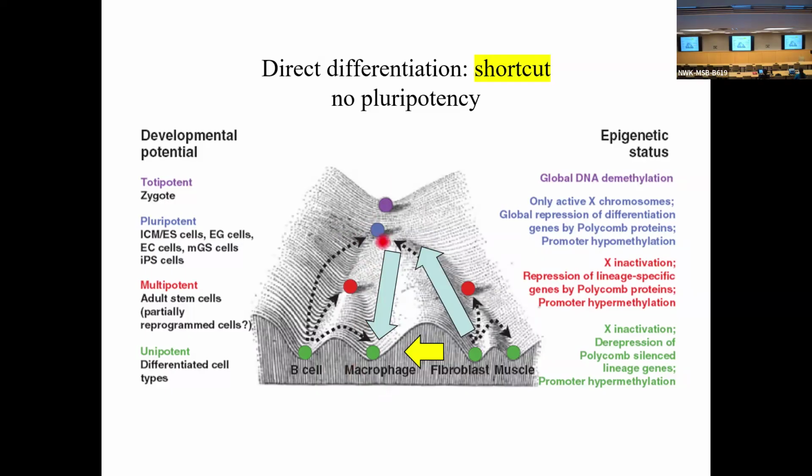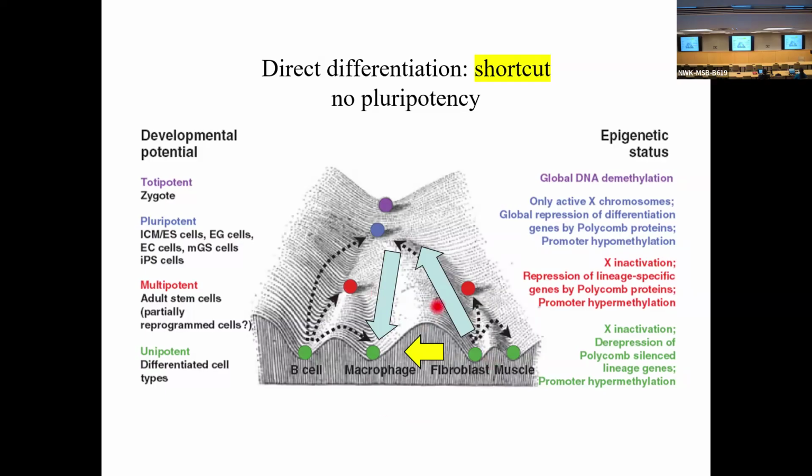It could go into a B cell, a beta cell, a muscle cell, etc. We have to develop the right protocol to go down this energetic sort of mountain.